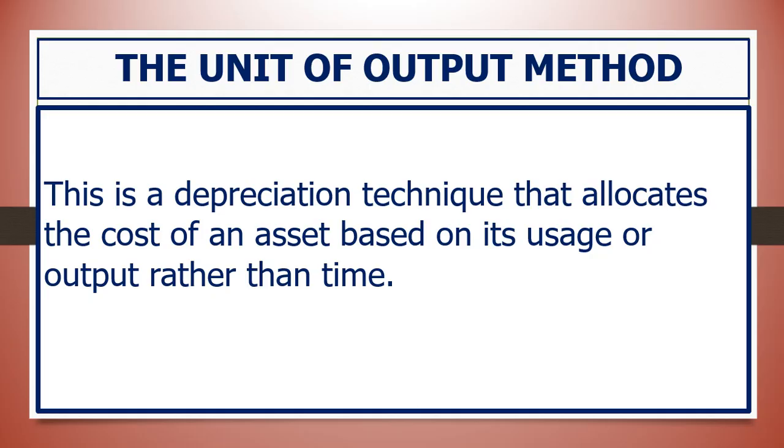If the units are many, then the depreciation will be higher. If the asset is idle, then the depreciation will be lower. Actually this would be the best method for companies and entities to adopt, especially those companies that are dealing in manufacturing.